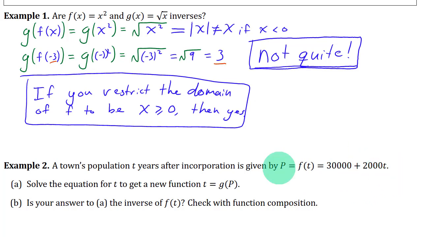And there's going to be some stuff being done to p that will get you that t. So to get this t by itself, I'm going to subtract 30,000 from both sides. First, that's going to give you p minus 30,000 equals 2,000 times t. And then we can divide both sides by 2,000 to get t by itself.